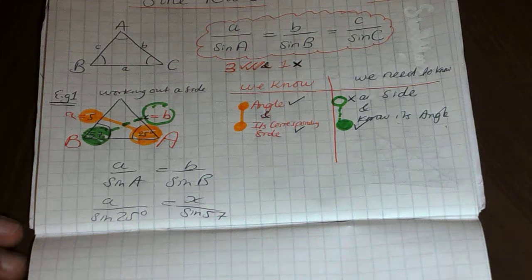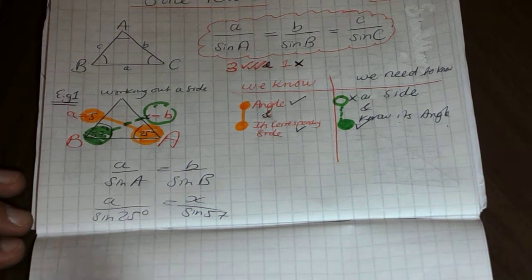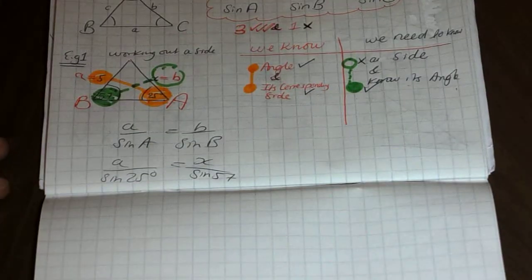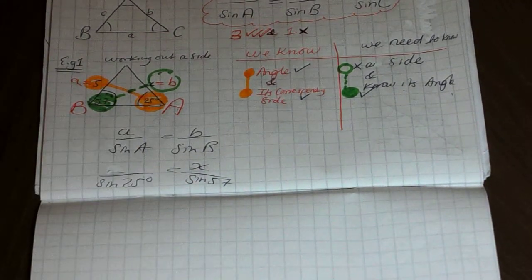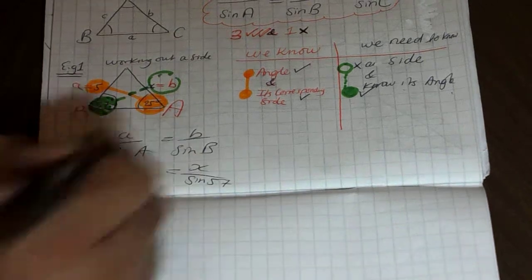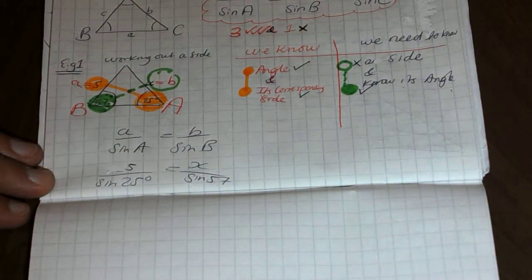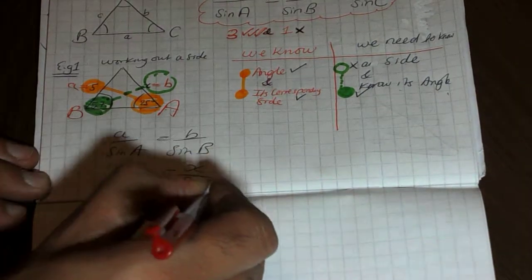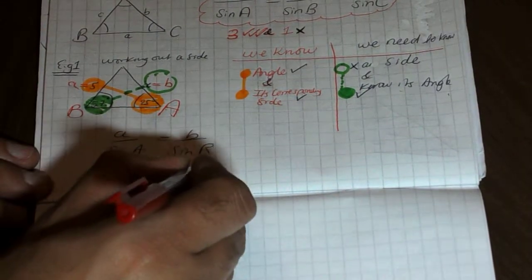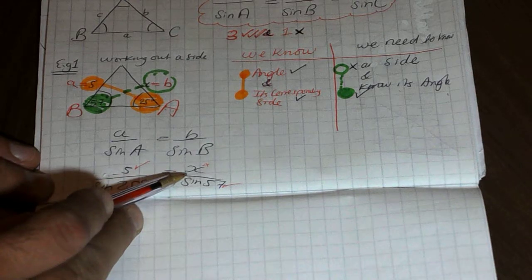If you look over here, this is a good situation for us to be in. Now we've missed out the 5 here. Let's quickly put that back in. It should be 5 there. There you go, it's better. So we know this length, we know the angle, we know the bottom, we know the other angle. We only don't know this length over here.